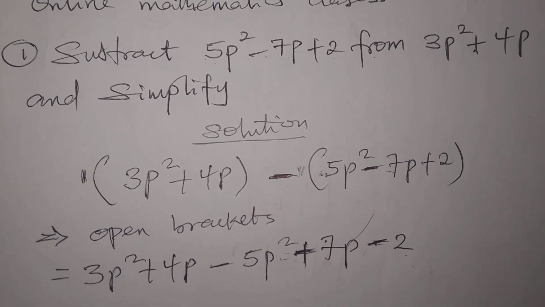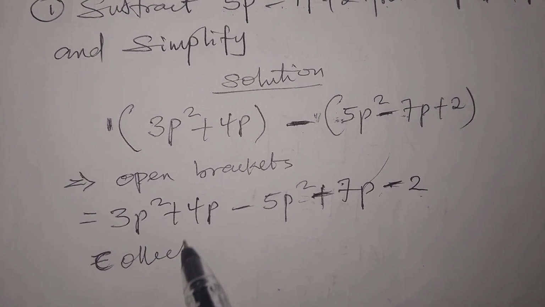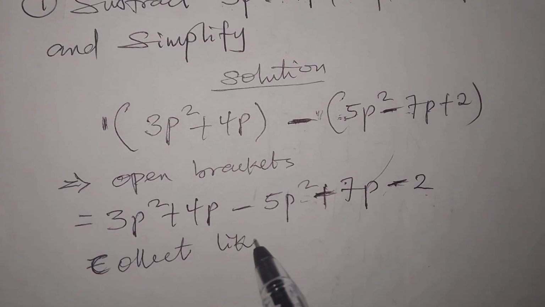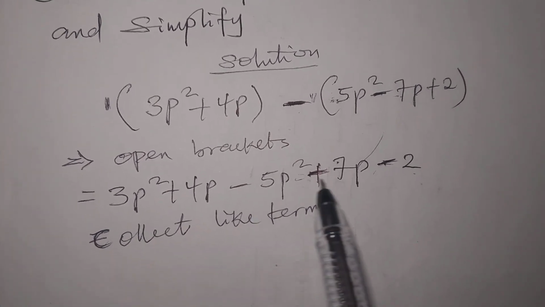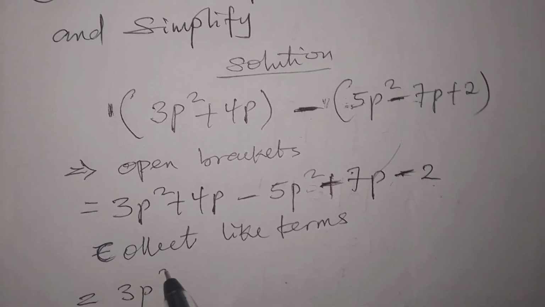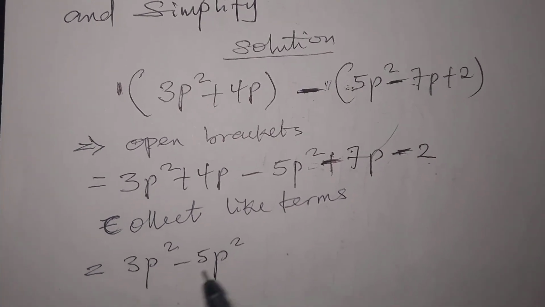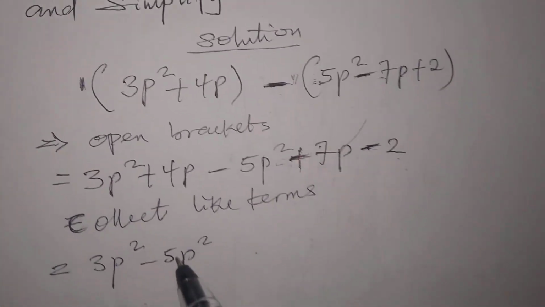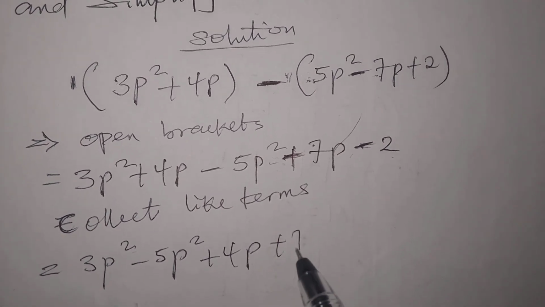I'll collect like terms. Collecting like terms means I will look at everything. The terms that have p squared come together, like 3p squared and minus 5p squared, because they have the same thing in common. Then I will look at the ones that have p: plus 4p plus 7p.